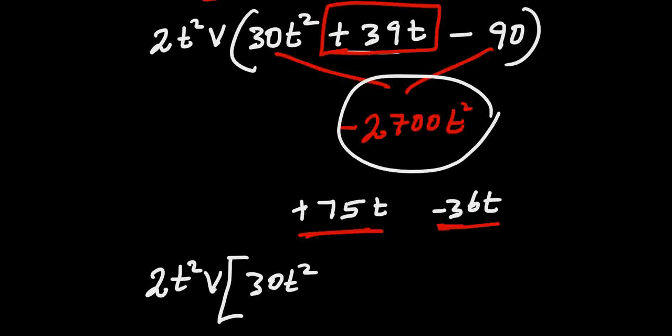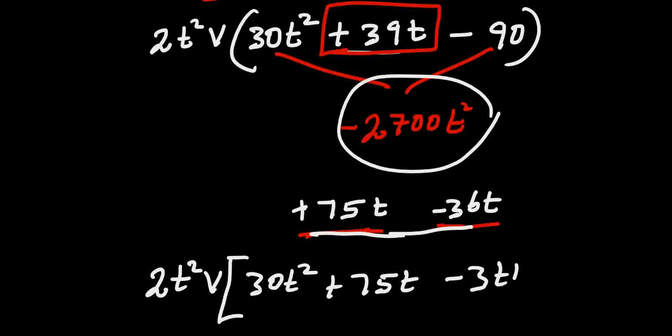Instead of writing plus 39t, we are going to write these two terms: plus 75t, negative 36t, negative 90.